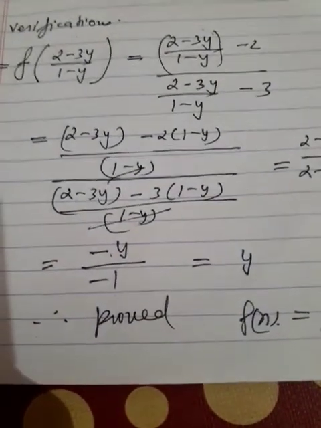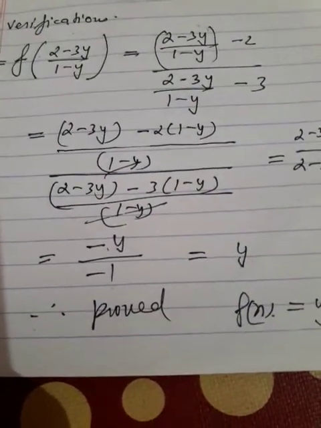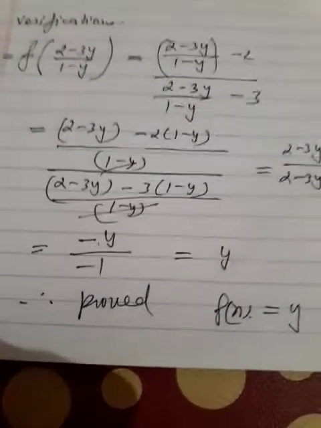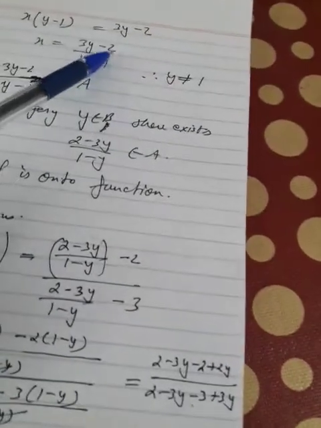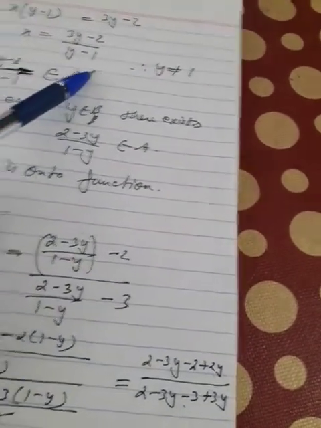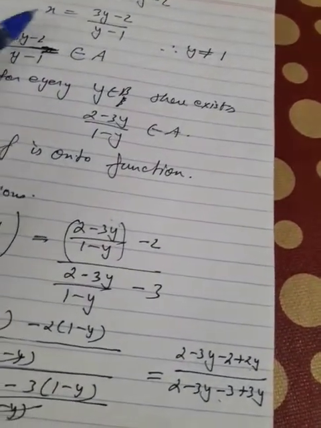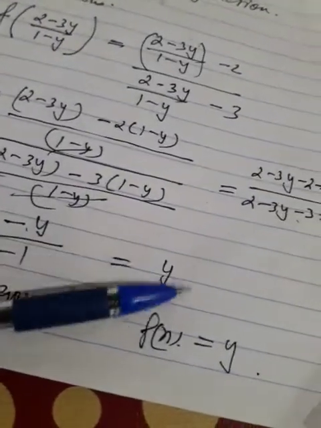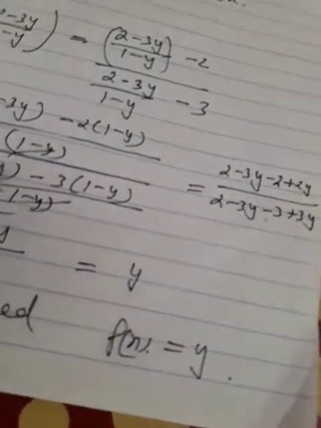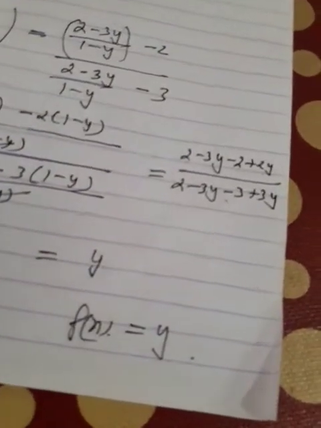So this is a verification that when we have taken x equals 3y minus 2 upon y minus 1, then what we are getting is the codomain element, that is y. So f(x) equals y is proved, verified.